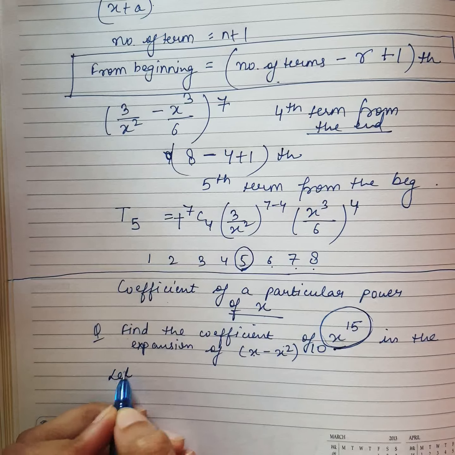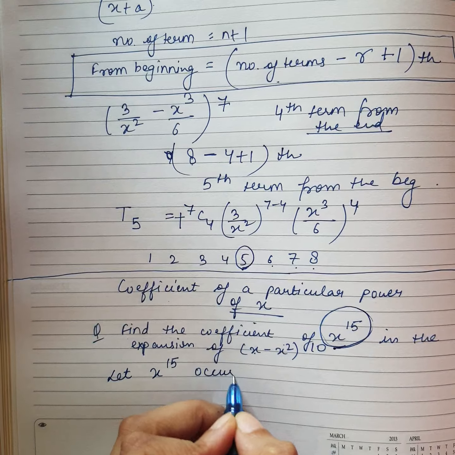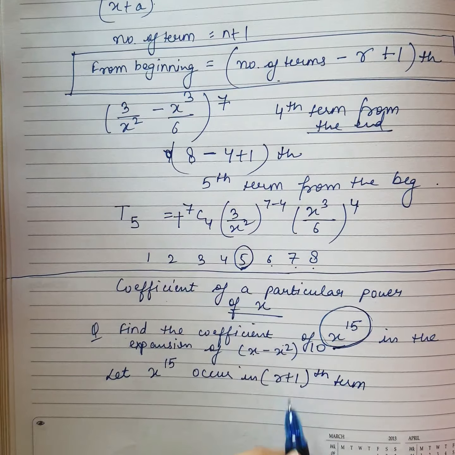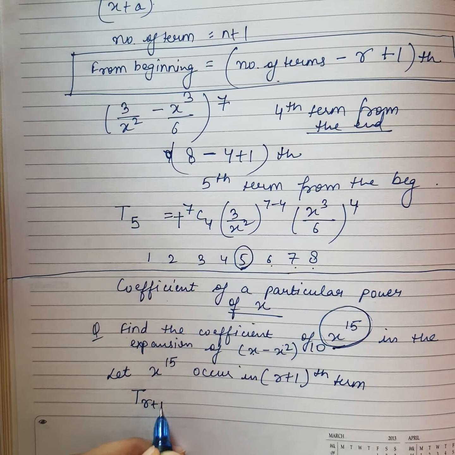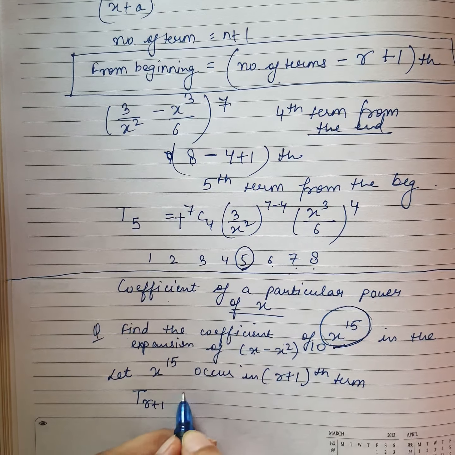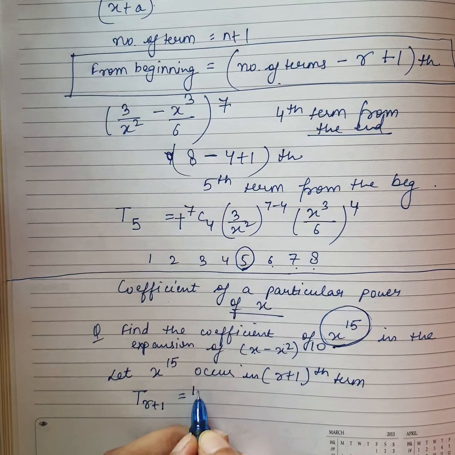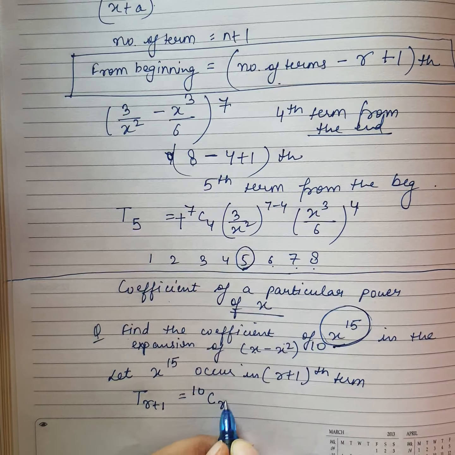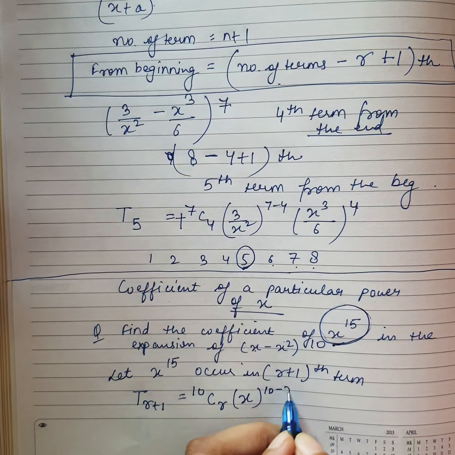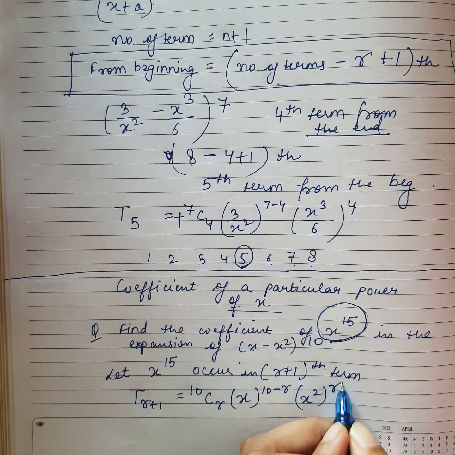We will assume let x^15 occurs in the (r+1)th term. So if I write T(r+1), I am assuming that in this particular term I will get x^15. So let us first write the expansion. Here we have n as 10, 10Cr, first factor x^(10 minus r), and second factor r.